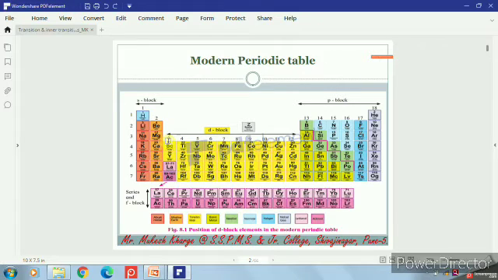Here, from group number 3 to group number 12 and from period number 4 to 7, the elements are placed in the modern periodic table. They are d block elements.